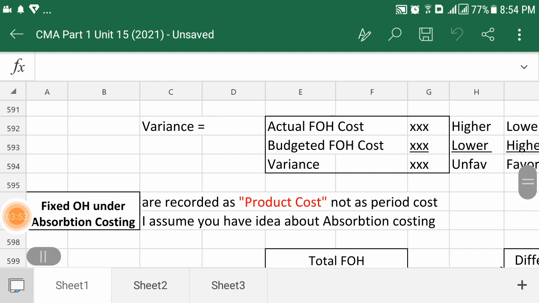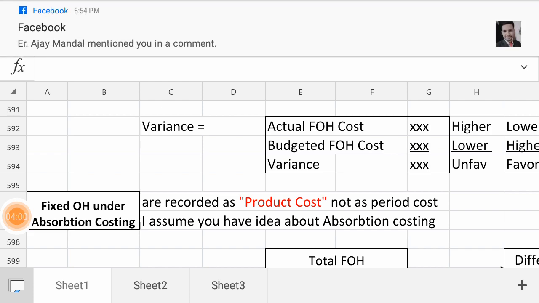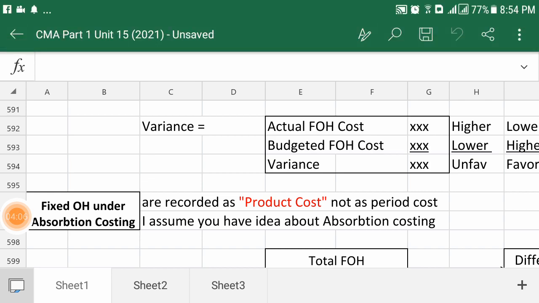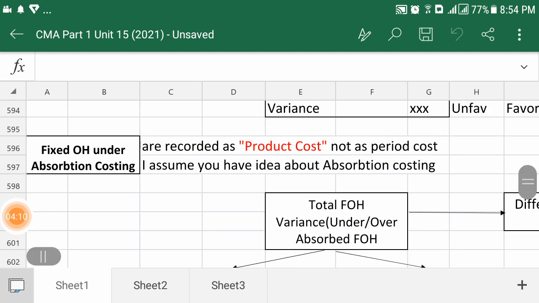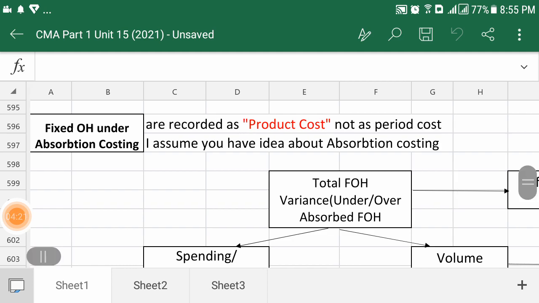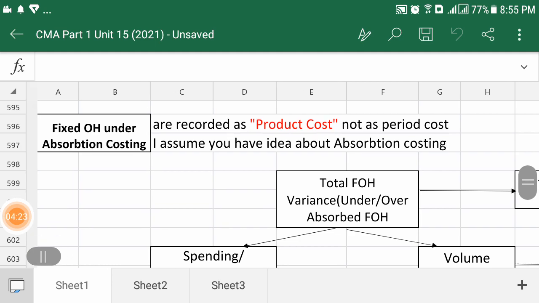Here, under absorption costing, fixed overhead is recorded as a product cost. I assume you have an idea about absorption costing; if not, you can go to Unit 18 and see that topic to understand what absorption costing is.